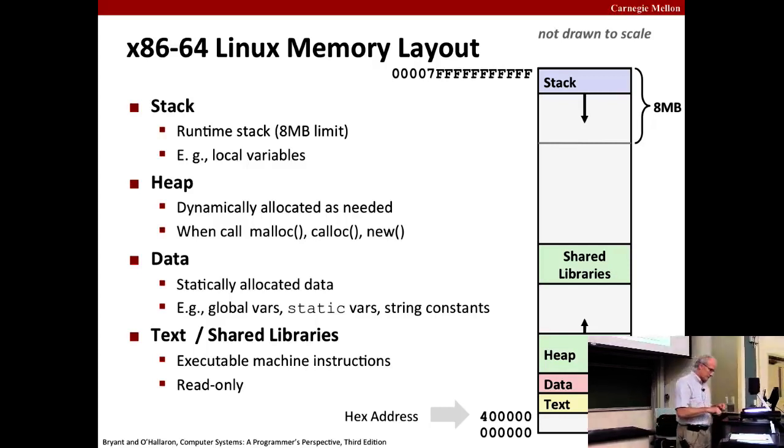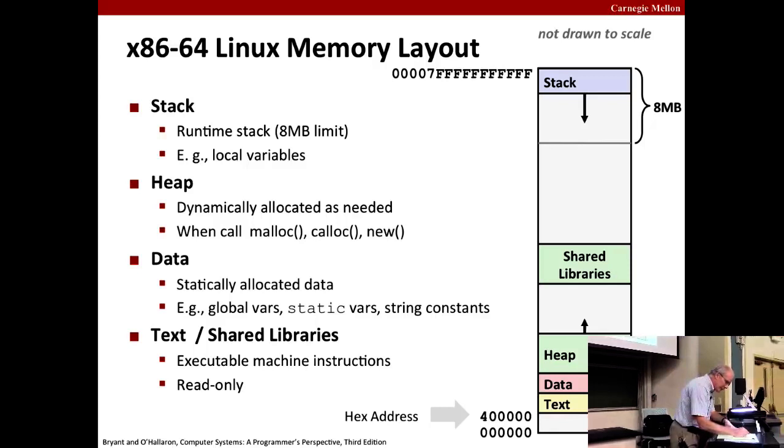Okay. So remember, I said before, 2 to the 64 is about equal to 16 times 10 to the 18th. And 2 to the 47th is 128 times 10 to the 12th.